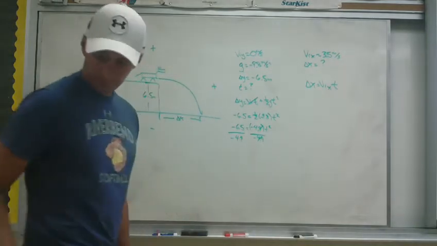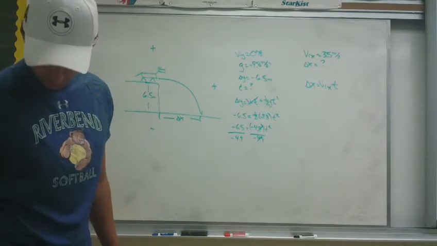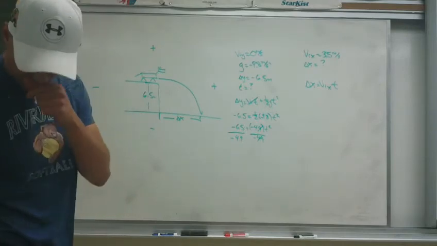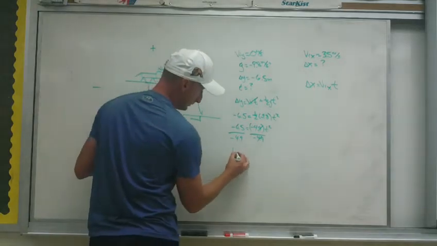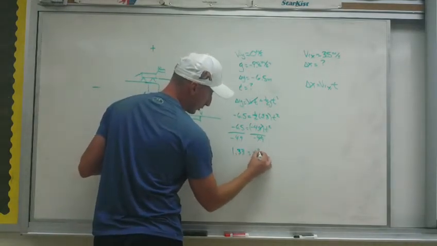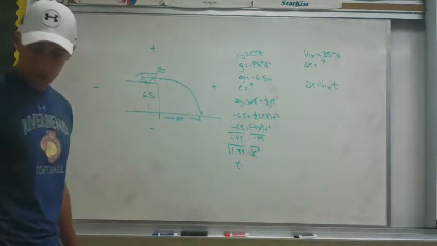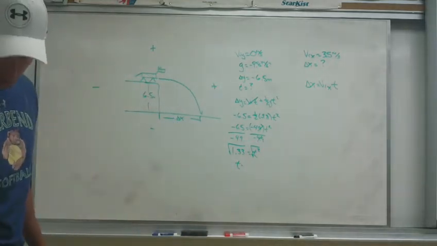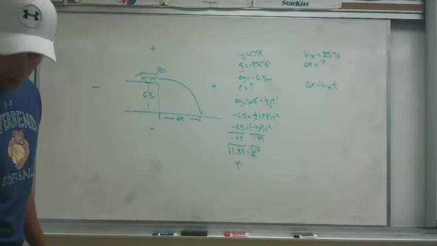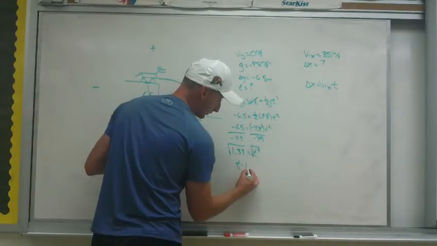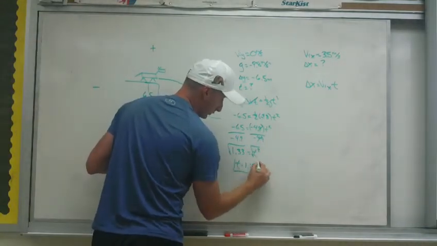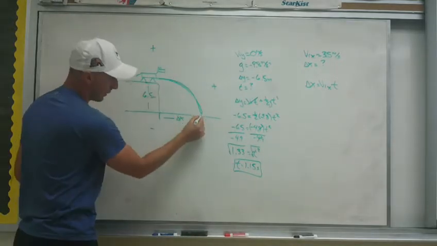I get 1.33 equals t squared. I square root and get 1.15 seconds. So the tiger is in the air for 1.15 seconds.